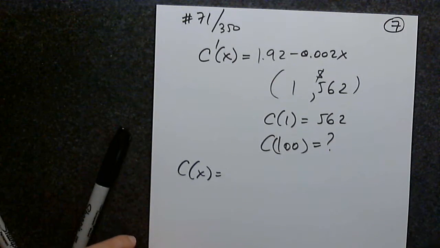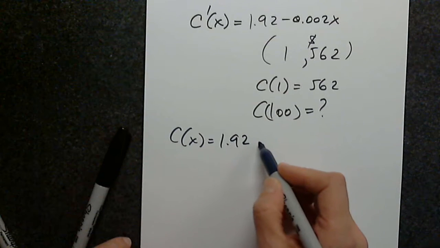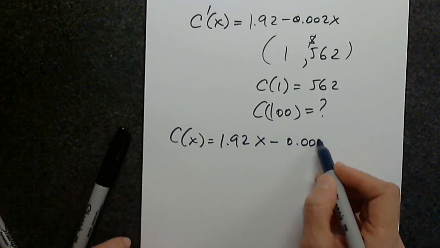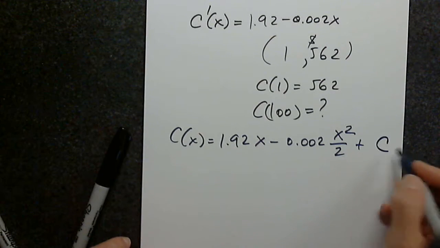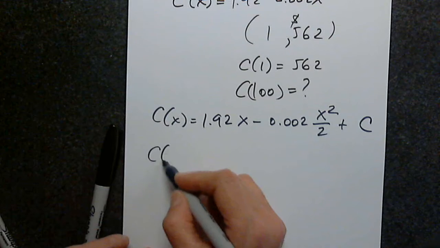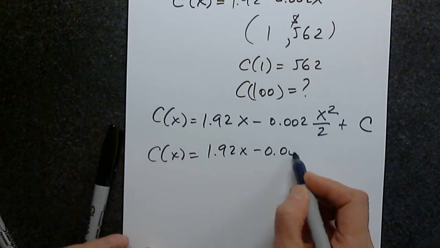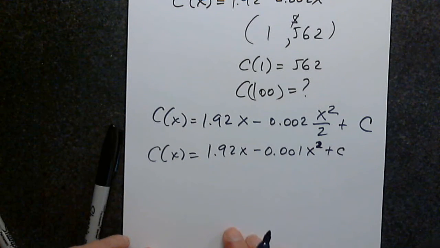Perfect. 1.92x minus 0.002x squared over 2 plus c. Perfect. So you can simplify it a little bit. So C of x equals 1.92x minus 0.001x squared plus c. And we're given that C of 1 is 562.